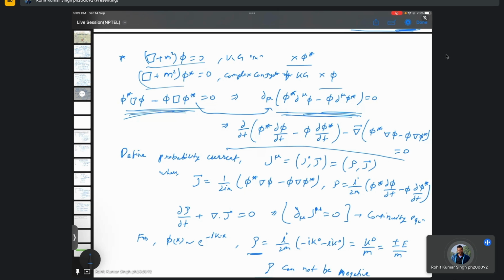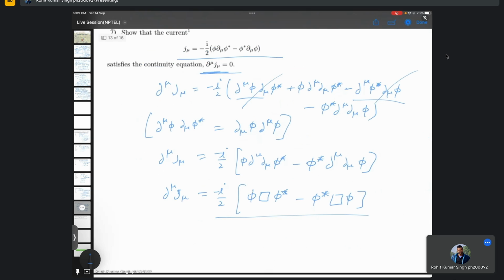And so we are going in the reverse manner. Earlier we went from here to here, now we are going from here to here, okay? And this is 0 because we know from the Klein-Gordon equation. So you can write this 0. So indeed the continuity equation holds, okay, for this probability current.